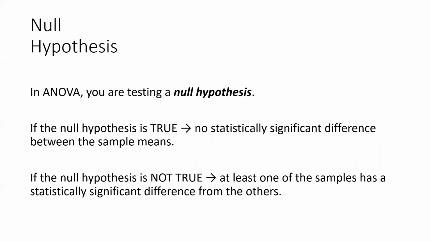When we're using ANOVA, we are testing a null hypothesis. If the null hypothesis is true, that means there is no statistically significant difference between the sample means. For all the groups, we are comparing the means of each group to the rest of the means of the groups.